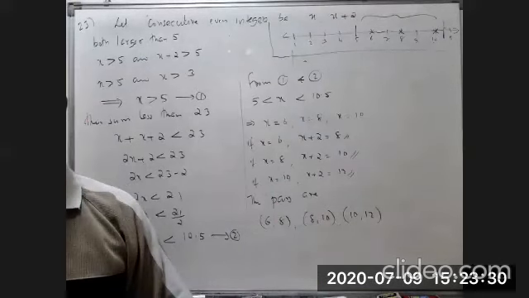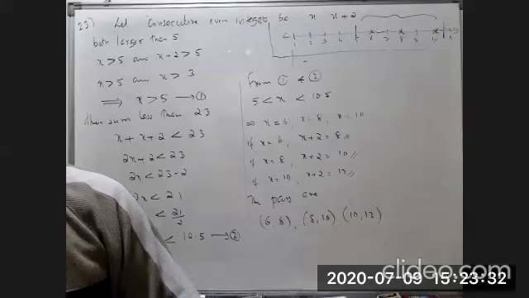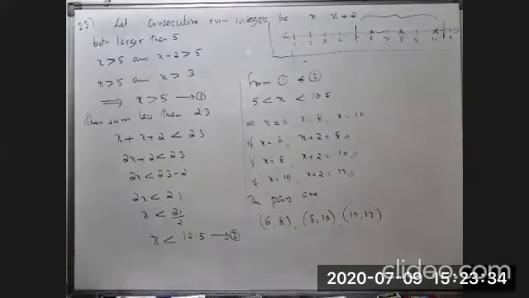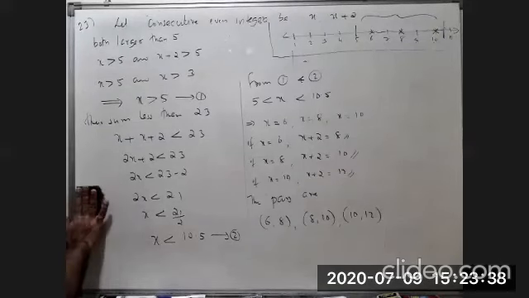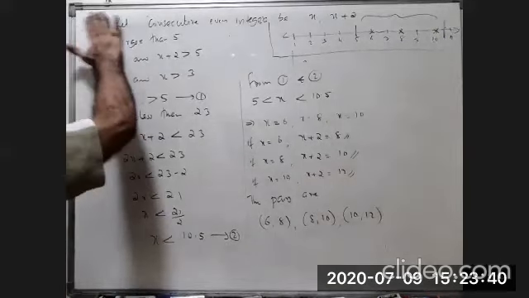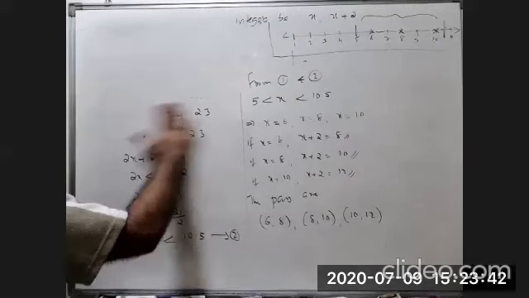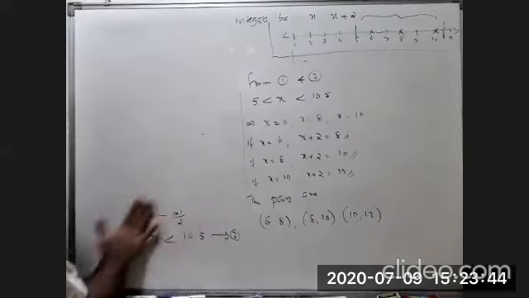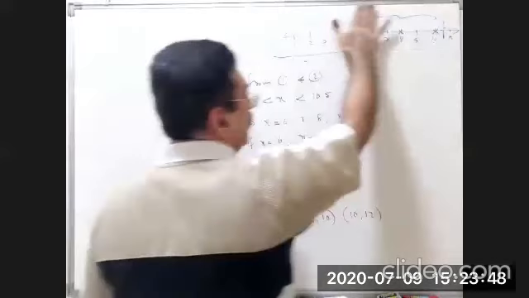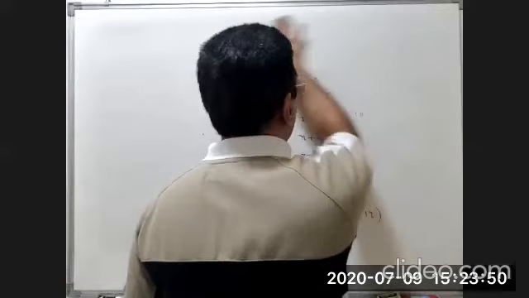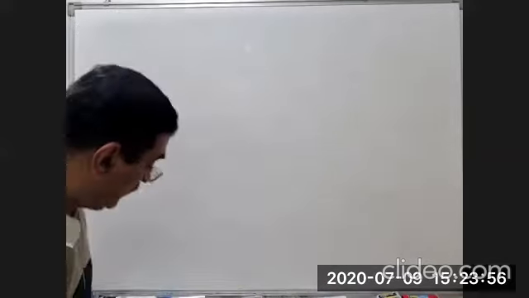Now, question number 25. The longest side of a triangle is 3 times the smallest side. That means the question is mentioning a triangle. Of those 3 sides, one is the smaller one and another is the longer one.